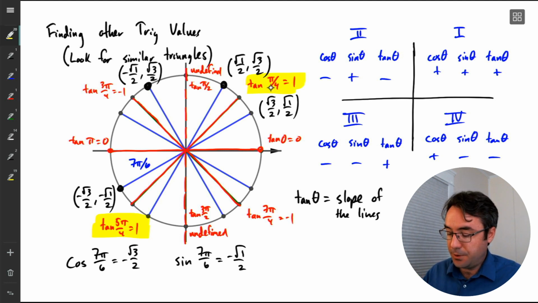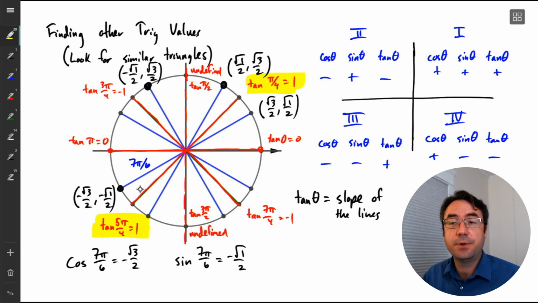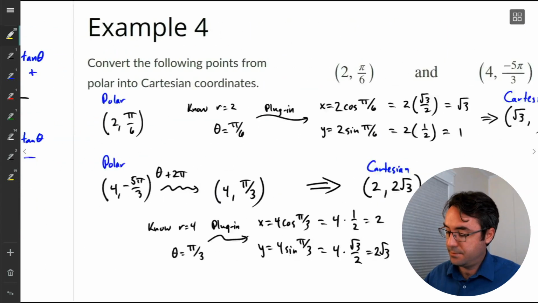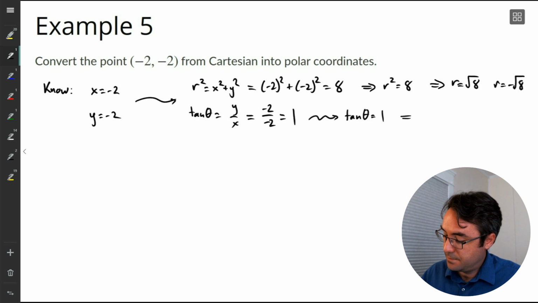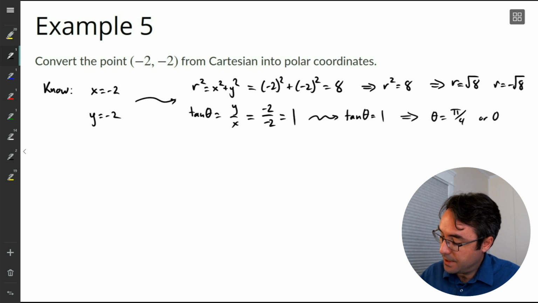So there's 2 on the unit circle here. There's potentially 2 values for theta. So theta could be either pi over 4, or theta could be 5 pi over 4.